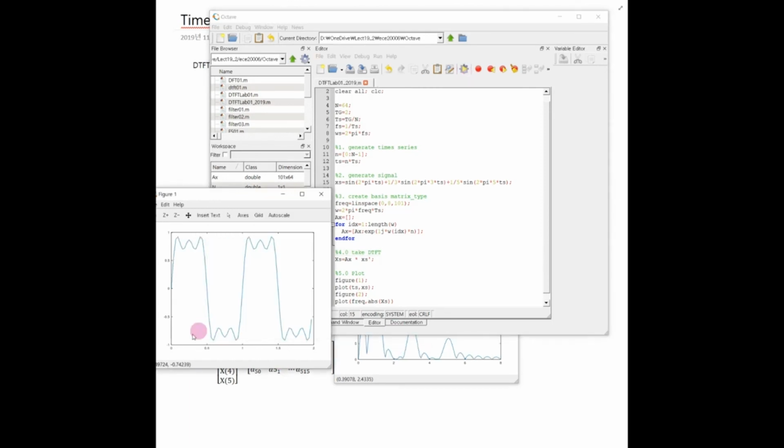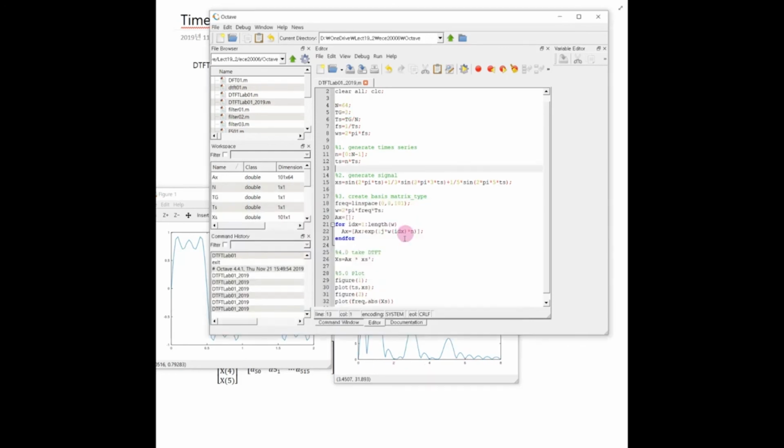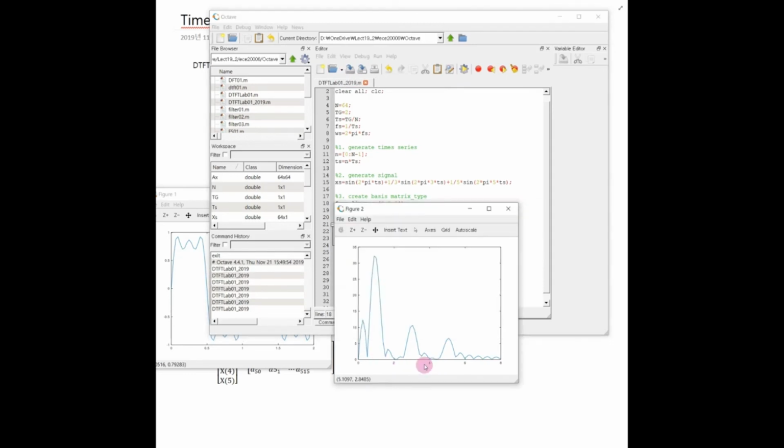Then I plotted the 2 periods, the gating time, and the number of samples is increased up to 64, and the spectral content is changed in this way. But here there are still some false spectra around here.